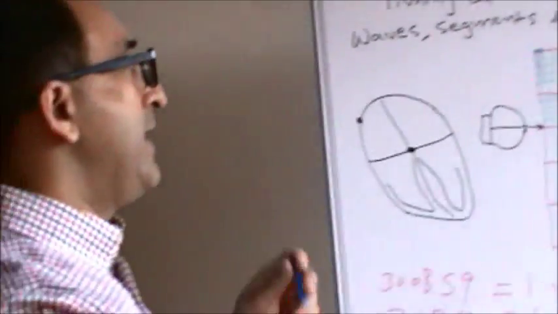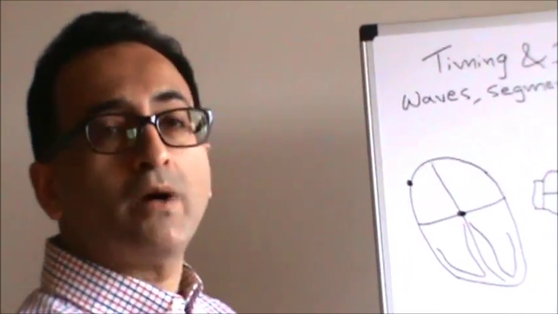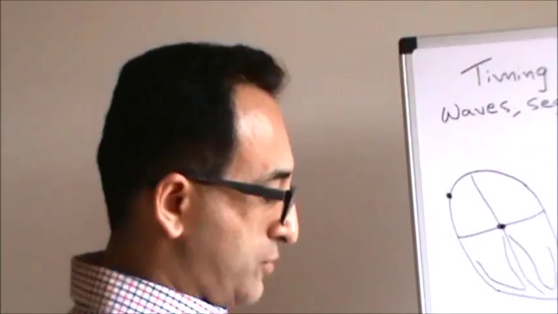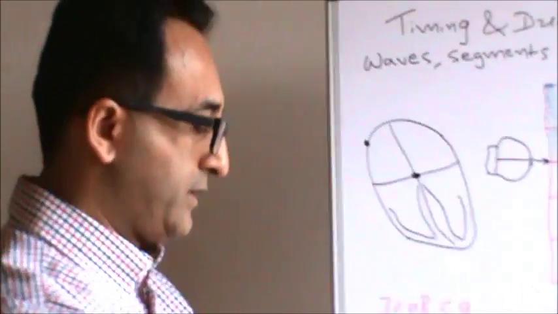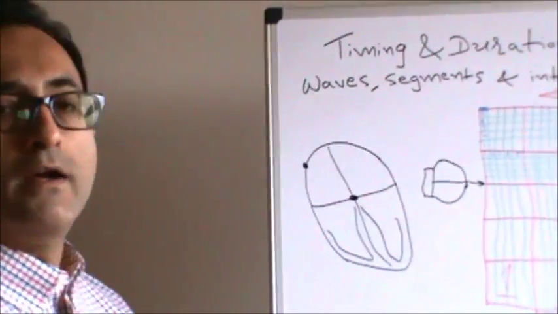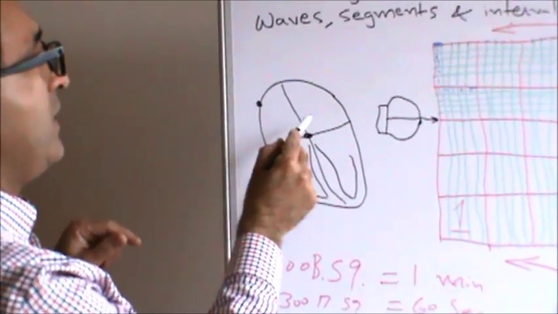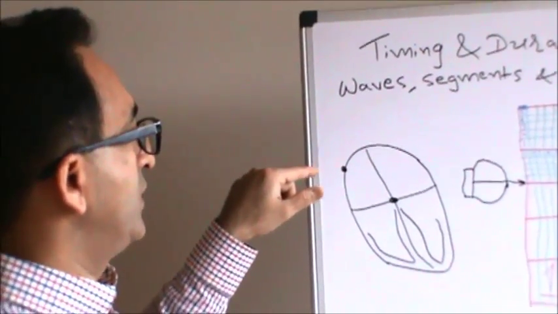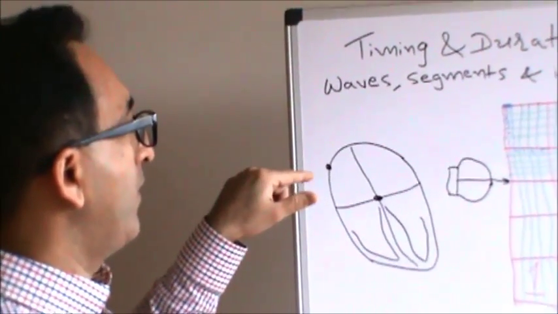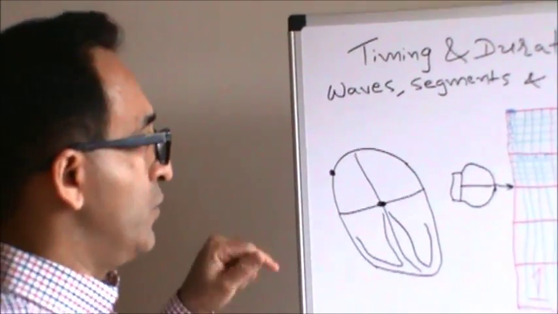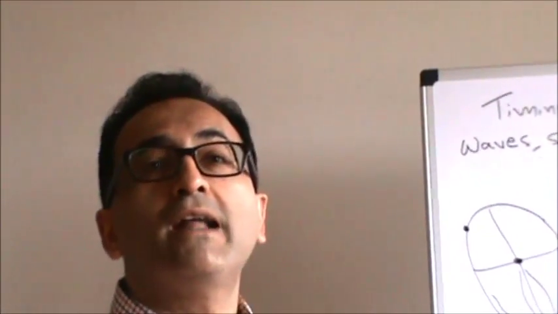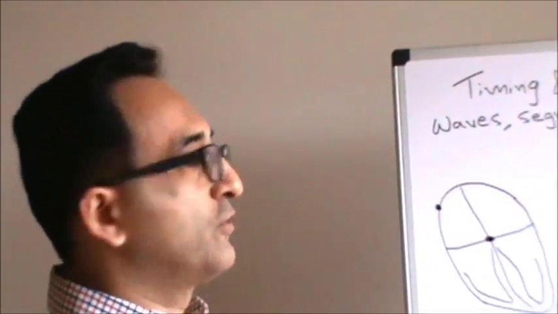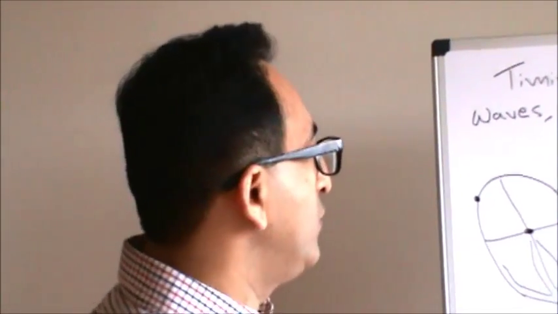Okay. Now remember, you know now P, Q, R, S, T, your alphabet. So let's say we draw the P wave. So what does the P wave represent? Atrial depolarization. So the SA node gets fired and the impulse reaches up to the AV node. The duration of the P wave is 2.5 small squares. So let me draw that here, that way you will see.